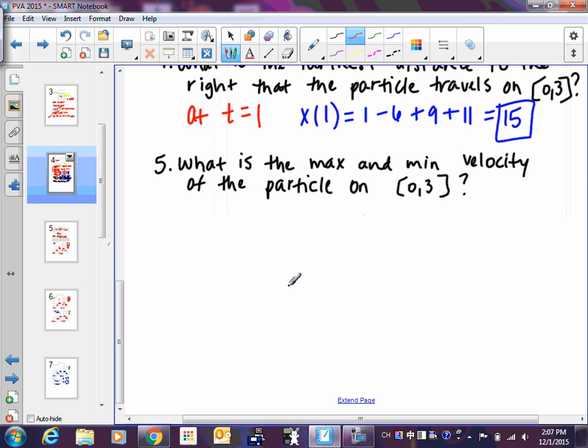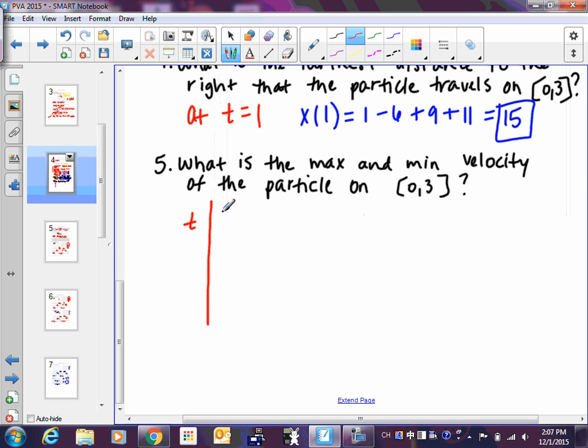Okay, so here I flat out tell you, we're doing max and min. And this is implied absolute max and min velocity. And so I don't have a sign chart, and I'm not going to do one. That really only works for relatives, which could be the absolute. But with absolute max and min, I don't know why I wrote x, that should be t. We need to do a chart.